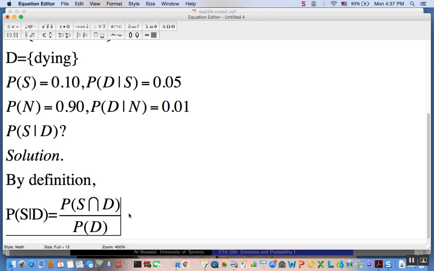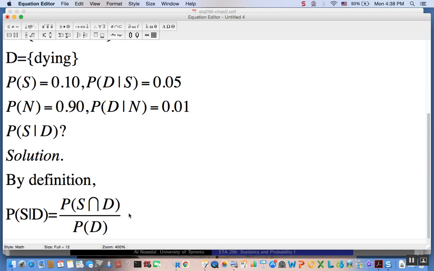If we could find those two numbers, the one at the top and the one at the bottom, the one on the numerator, the one on the denominator, we're done. Okay, so we neither have the top part nor the bottom part. So we have to find a way of finding those probabilities from the information that we've got.